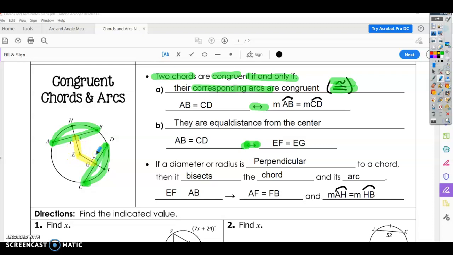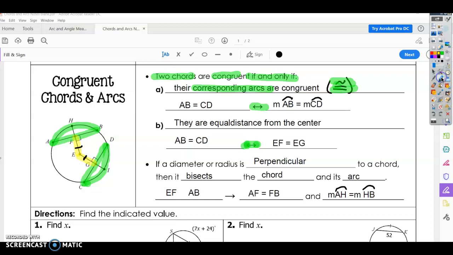So they are equal distance from the center if AB equals CD, if and only if EF equals EG. All right, so we can put little marks here, you may see these, meaning those two segments are congruent.